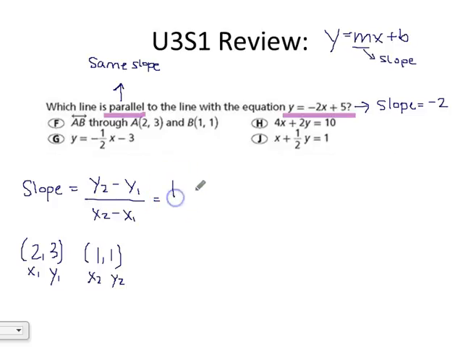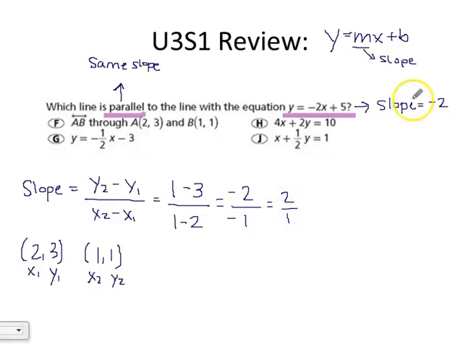So 1 minus 3 all over our second x coordinate minus our first x coordinate. And what do we get? Looks like we get 1 minus 3 is negative 2, and then 1 minus 2 is negative 1. So that is a negative divided by a negative, which is actually a positive. So the slope would be 2 over 1.